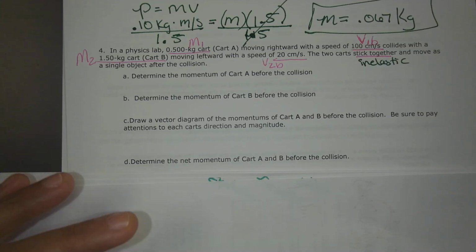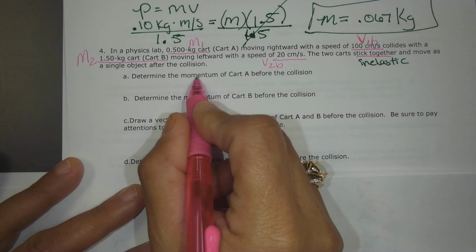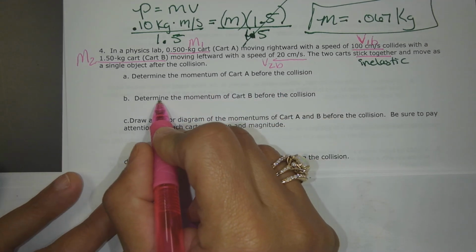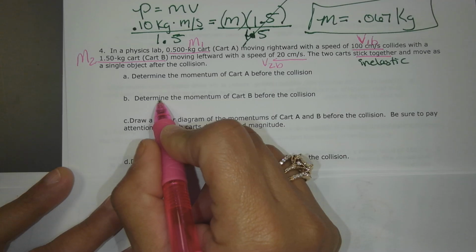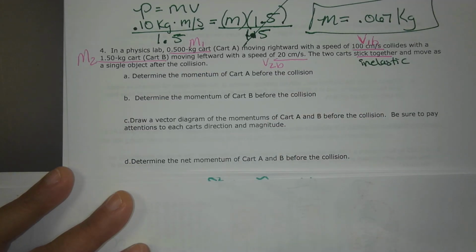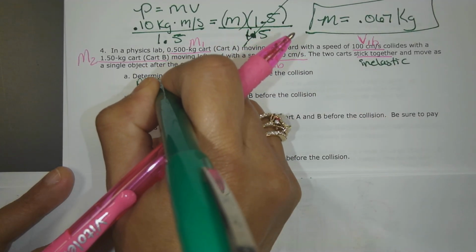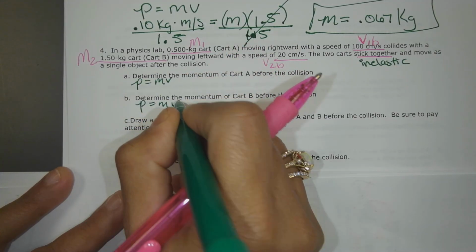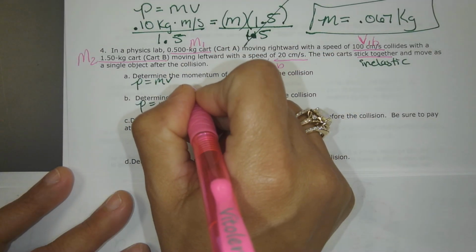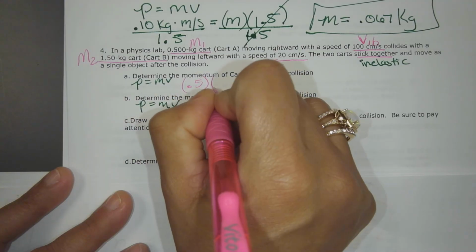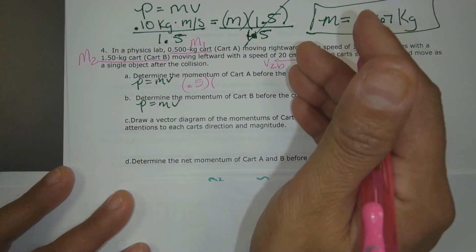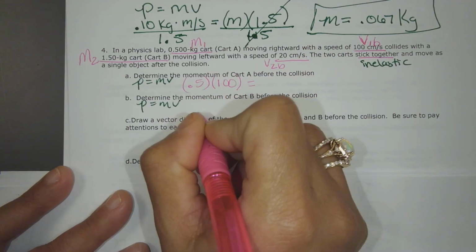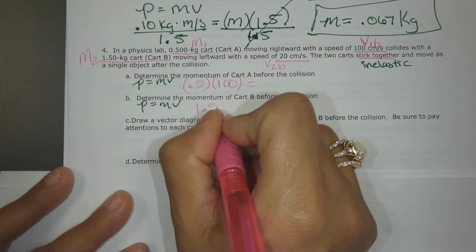Next one, letter A. It says here, determine the momentum for cart A before the collision. And B says, find the momentum of cart B before the collision. Well, the equation for momentum equals M times V. This would be 0.5, and I'm going to multiply, and I'm going to ignore the vector, by 100. I'm going to call this 1.5.